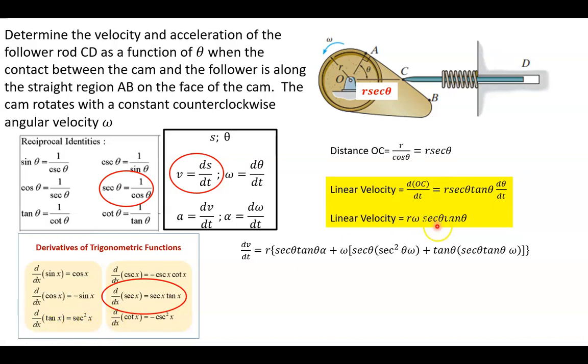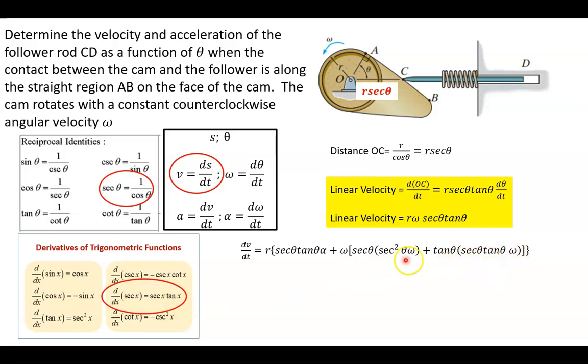So here we get secant squared of theta times omega. That's the chain rule and the product rule. Plus, the next part of the product rule, which is the derivative of secant of theta, which is tangent of theta times secant of theta, times tangent of theta again, times omega.